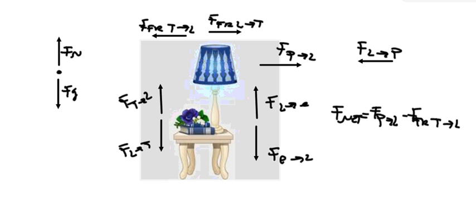Okay. Then we're going to show to the right a force applied and to the back a force of friction. So this is going to be known as force applied and this is going to be force of friction. So this equation then becomes force net equals force applied minus force of friction.